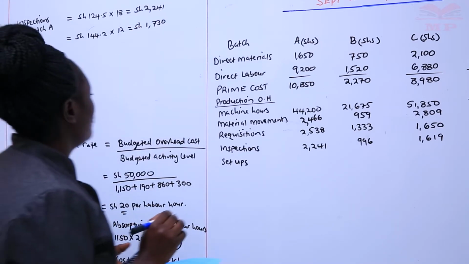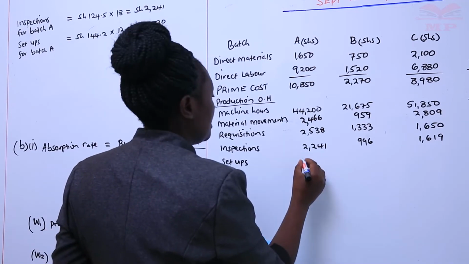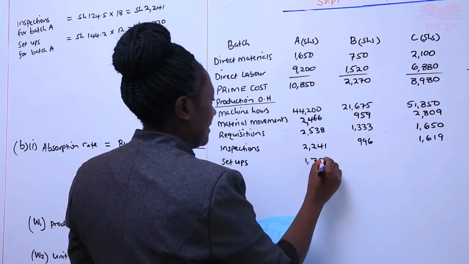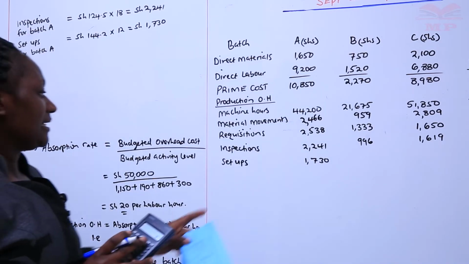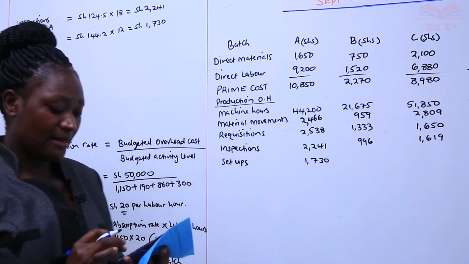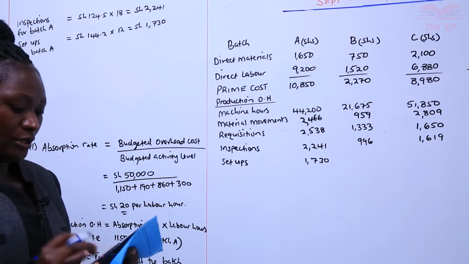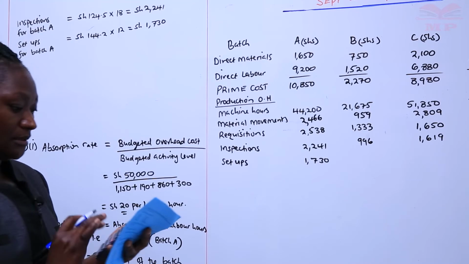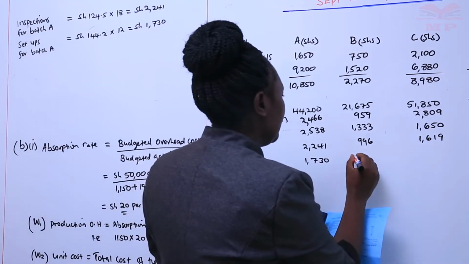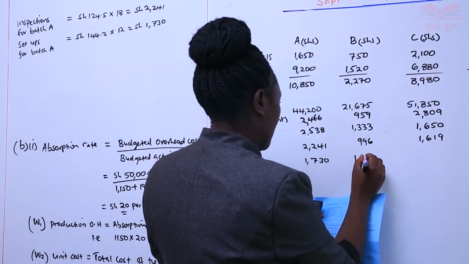So this value, you bring it under batch A, which is 1,730.30. Then do the same for B. The setup cost driver remains the same, which is 144.2 times the setup for batch B, which is 7, and this will give us 1009.